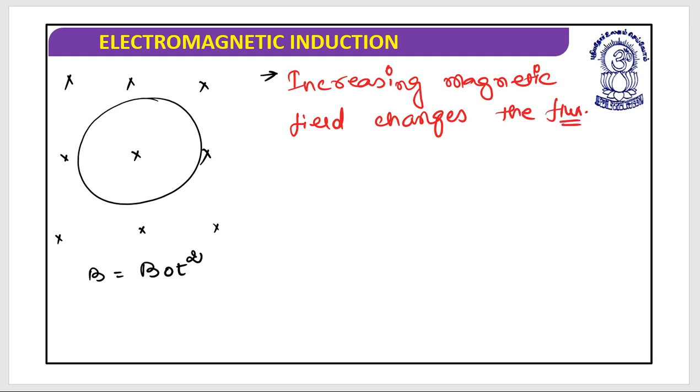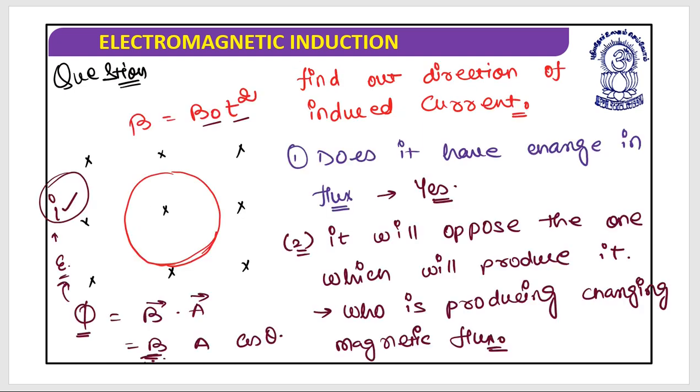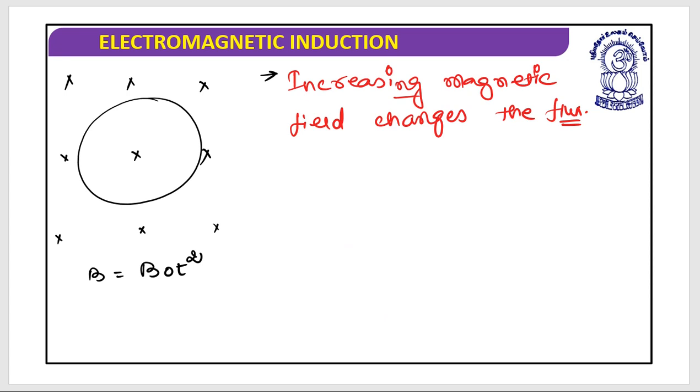Now according to Lenz's law, it will oppose the one which produces it. Who is there to produce it? It's the increasing magnetic field which is producing it.